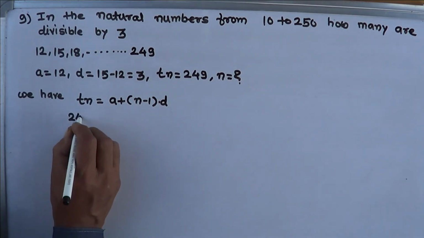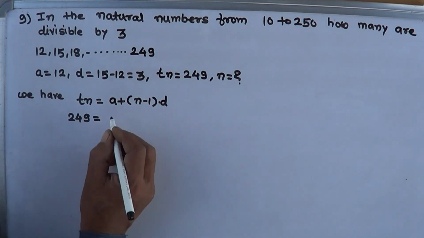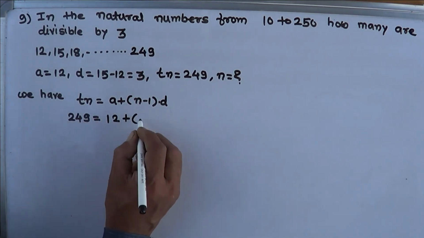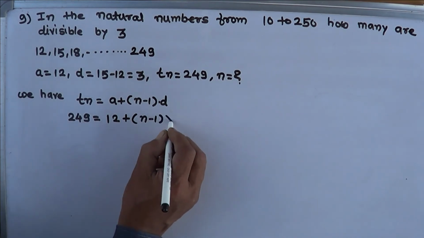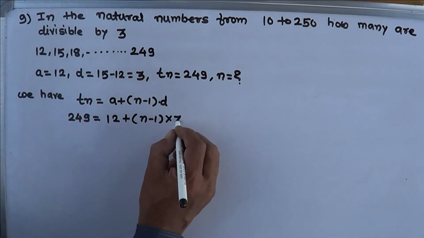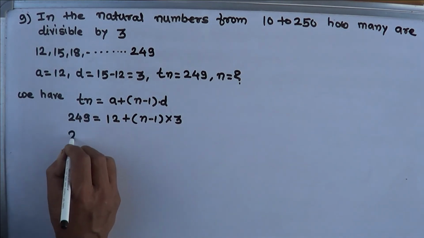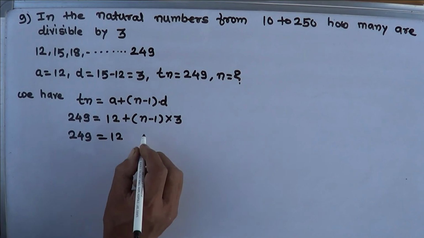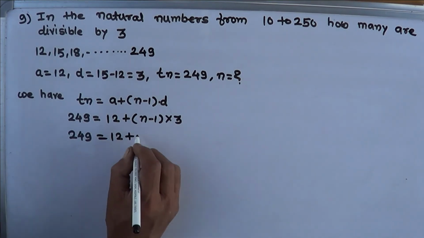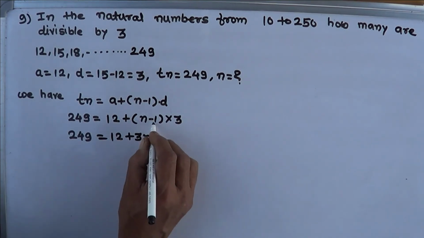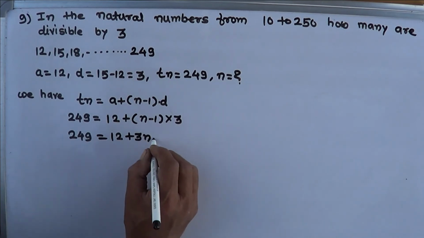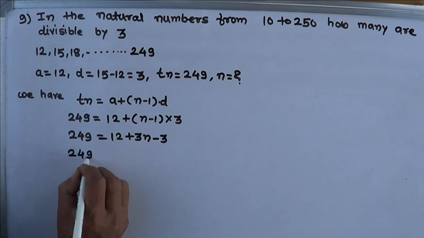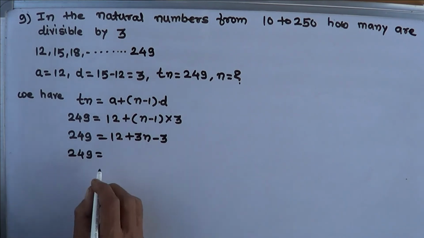Tn is 249, equal to the value of a, which is 12, plus n minus 1 into the value of d, which is 3. Now solve this. 249 equal to 12, plus 3n, and 3 into minus 1 will be minus 3. So this is 249 equal to 12 minus 3, this will be 9, plus 3n.